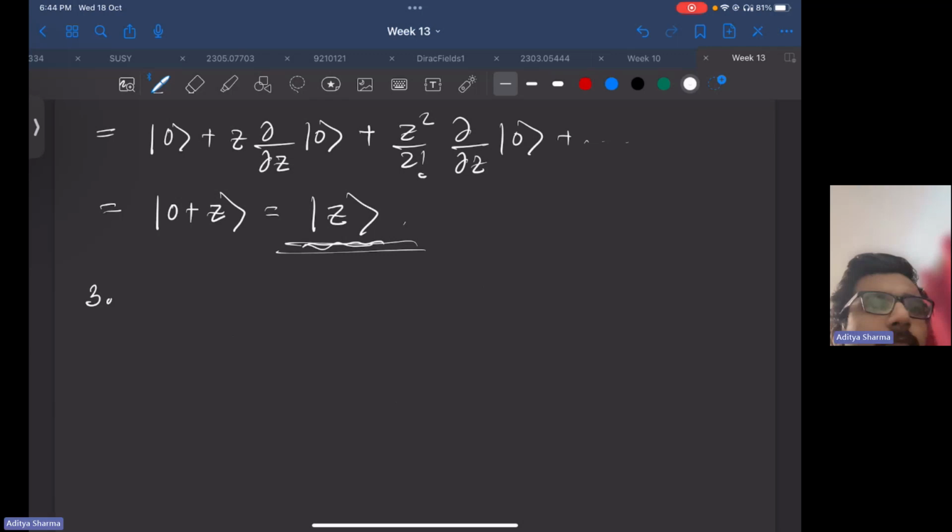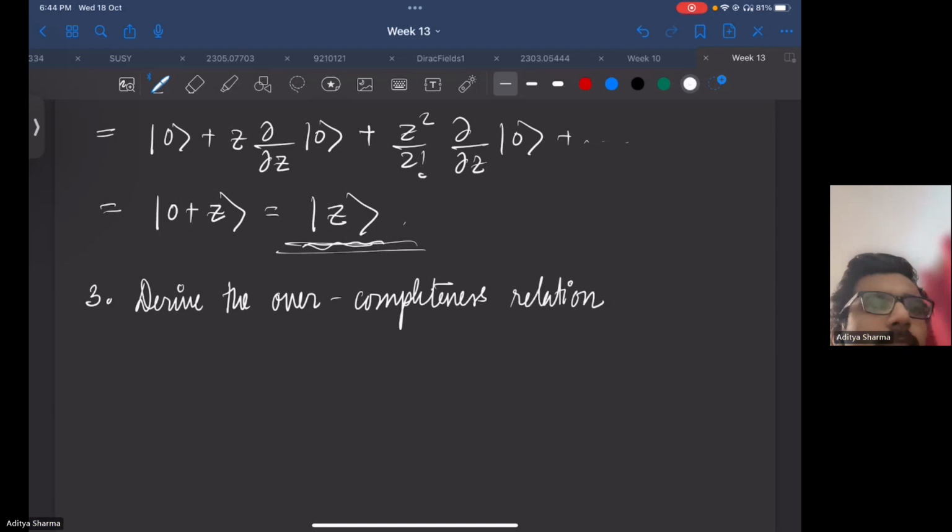Find or derive the over-completeness relationship, meaning the relation, for the bosonic coherent states.